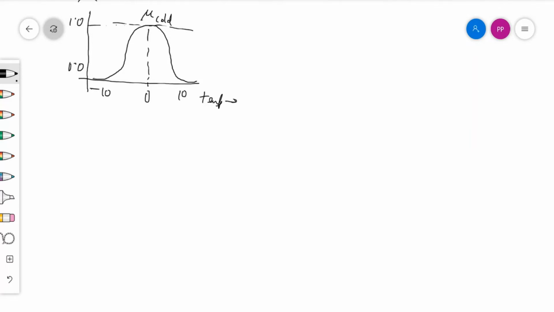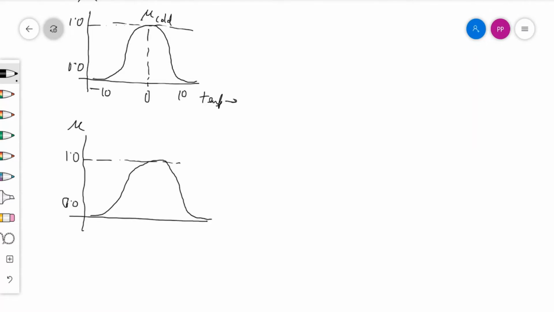Further I go and increase the temperature range from 0 to 20 degrees Celsius. So let me draw the normalized value for the membership function. Then I change the value of the membership function over temperature. In between, this is 10 degrees Celsius, this is 0, and this is 20. So here it is temperature like this.